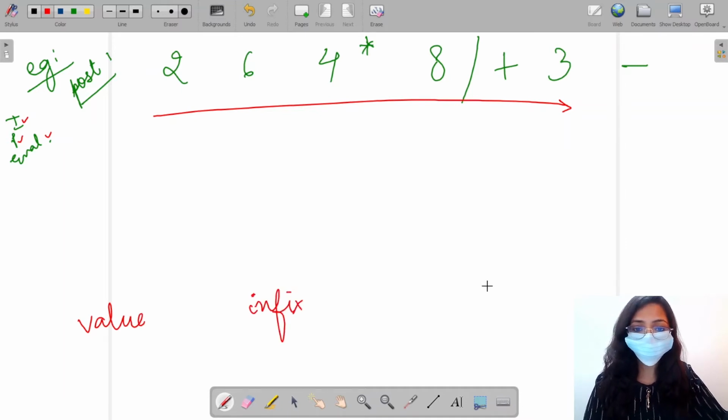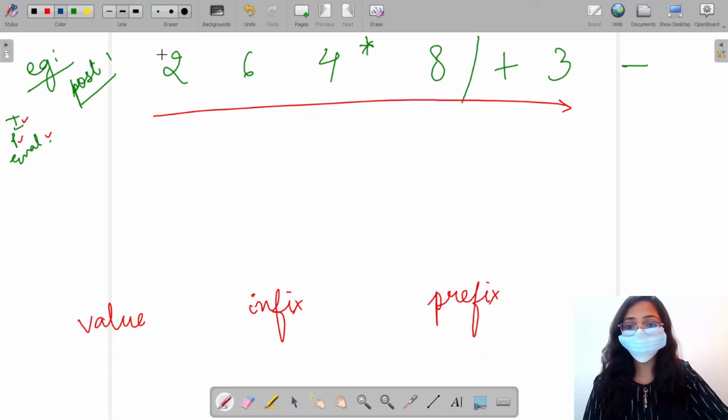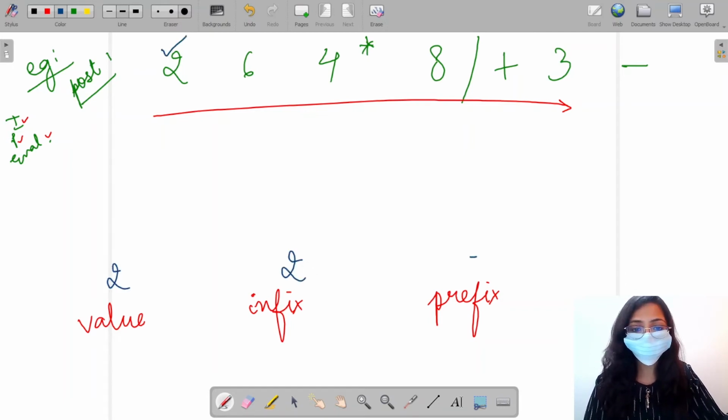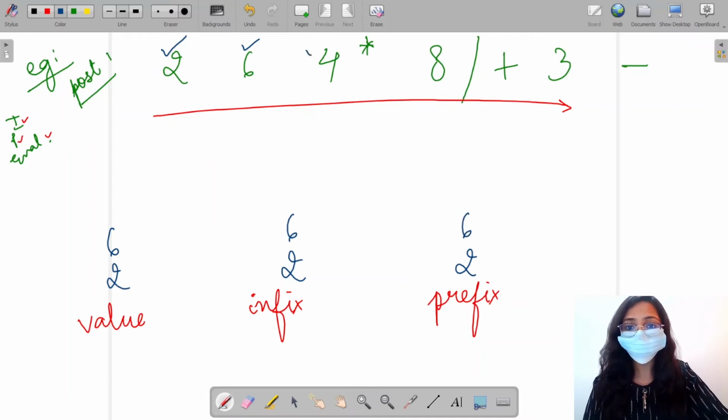One for value, one for infix, and one for prefix. Now, within the string, the first place has an operand. We'll directly push it onto the stack. Next we have 6. Again an operand, so it will be pushed onto the stack. 4. We'll push it onto the 3 stacks.